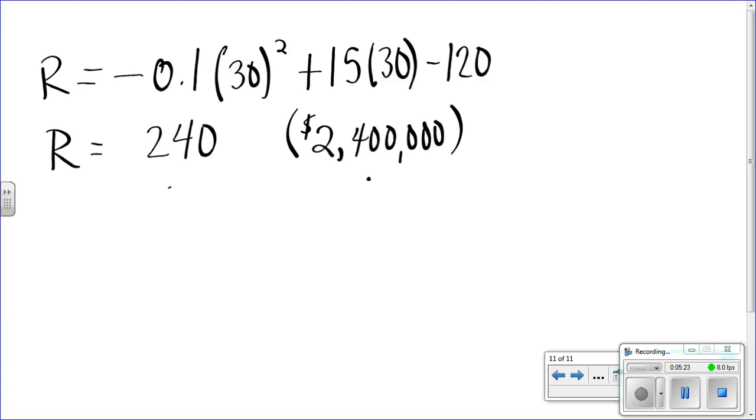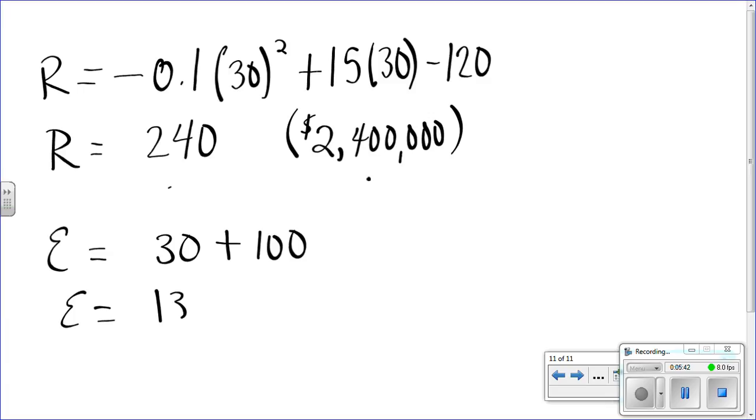Alright, so I'm halfway finished. I brought in 2,400,000, but I gotta pay for the books, right? How much are the books gonna cost? 130,000. Alright, so B plus 100, that's 130. But we're talking about what here?